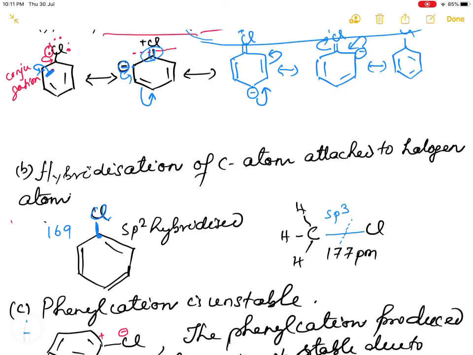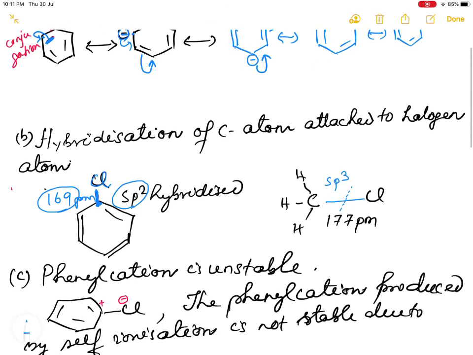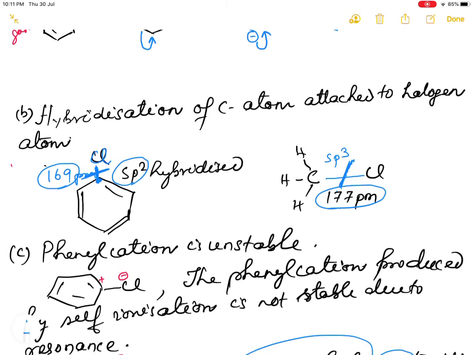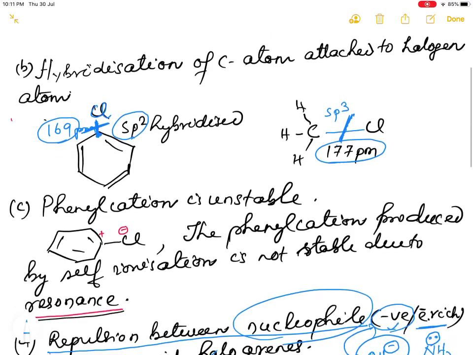Second, due to sp2 hybridization, the percentage of s character is more and the bond length is short, 169 pm. In the case of methyl chloride, it is 177 pm, longer. So to break this bond, it needs less energy. To break this bond, it needs more energy. So chlorobenzene does not undergo nucleophilic substitution reaction easily because of shorter bond length.